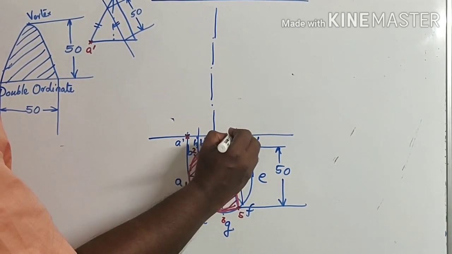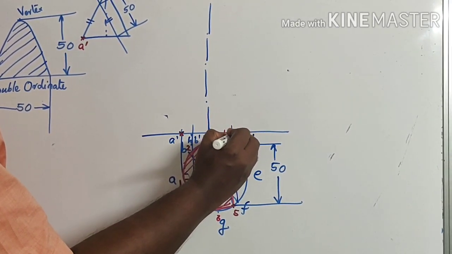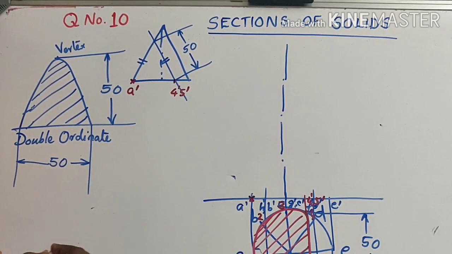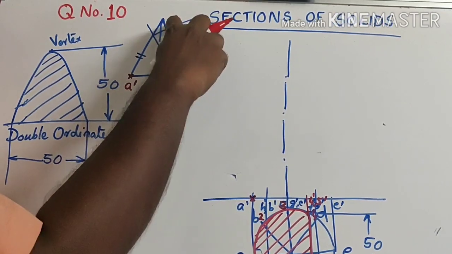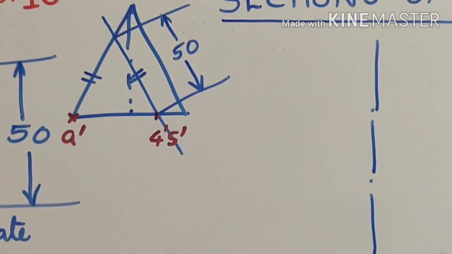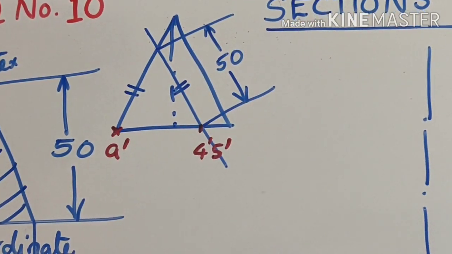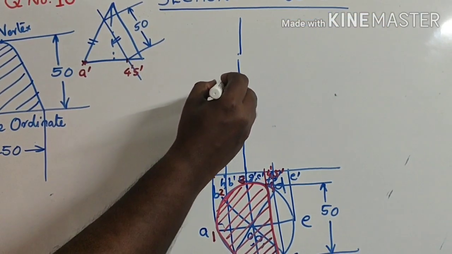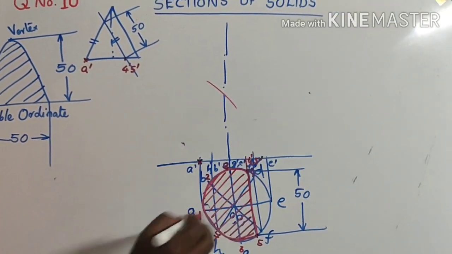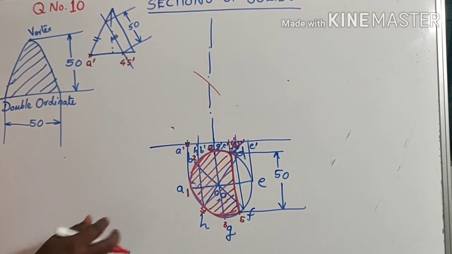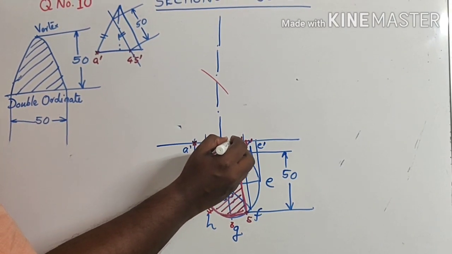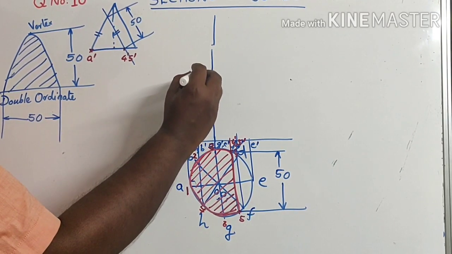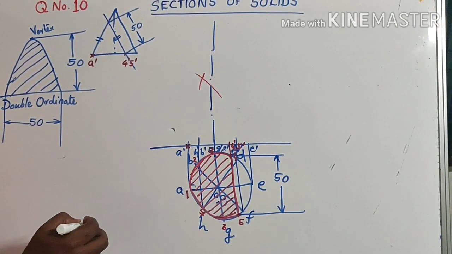So you are having this point as 4 dash comma 5 dash. So if this is 50, this one also should be 50. So from A dash, taking A dash as center and 50 mm as radius, you can draw an arc. Similarly, from 4 dash 5 dash as center and 50 mm as radius, you can draw the next arc.